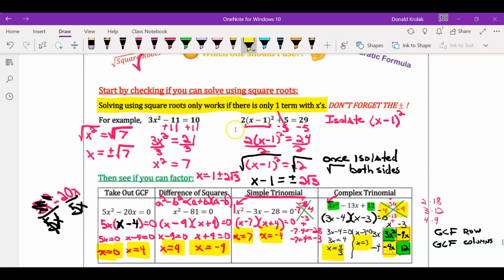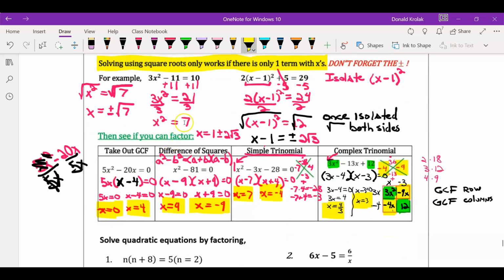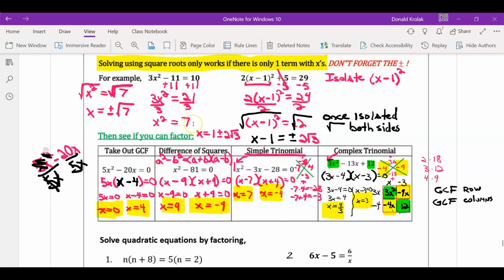So that's just standard factoring techniques. Now the next two, you're going to solve by factoring. But all I did was make the equations so they're kind of mixed up a little bit. So what you've got to do is organize the equations first, and then go ahead and factor it.